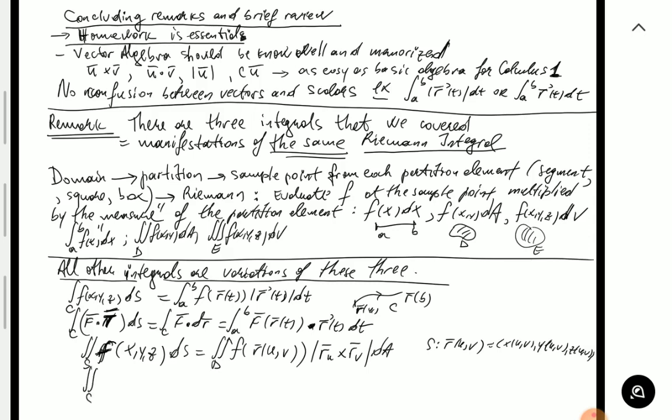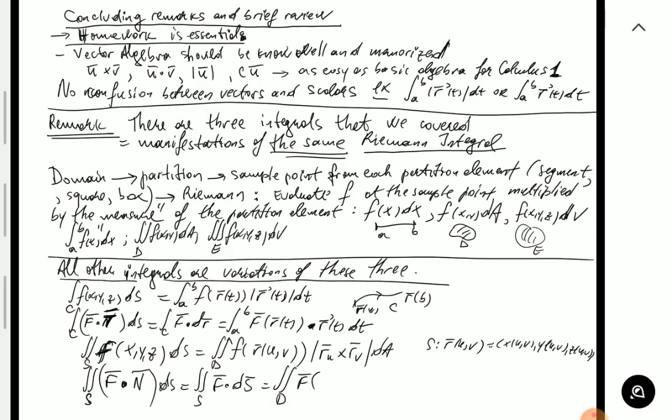And finally, the surface integral over vector fields, once you choose an orientation on that surface. Another notation for it is F dot dS with a bar on the top. Another formal notation is again another type of double integral.